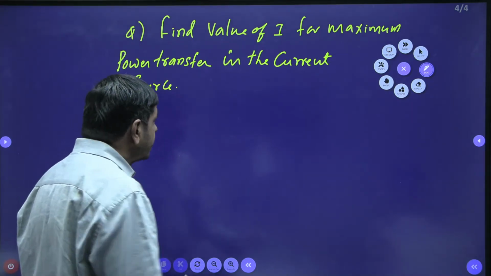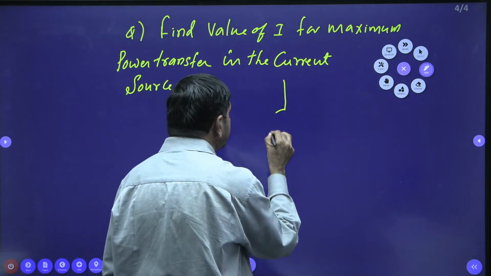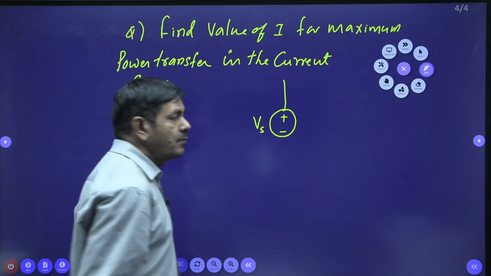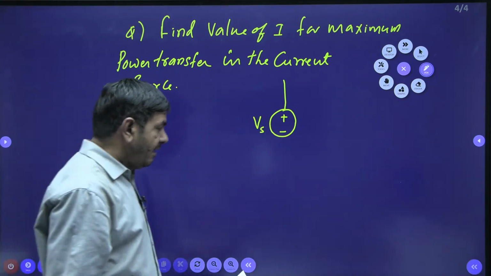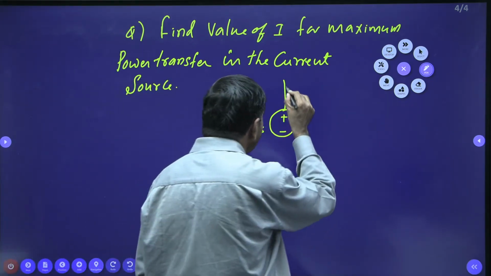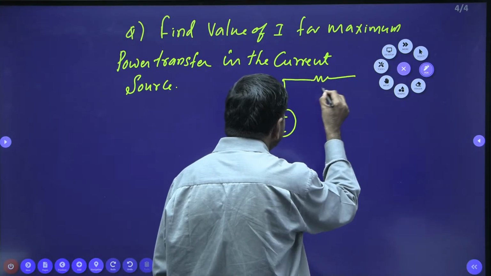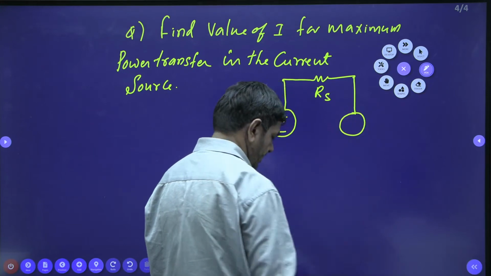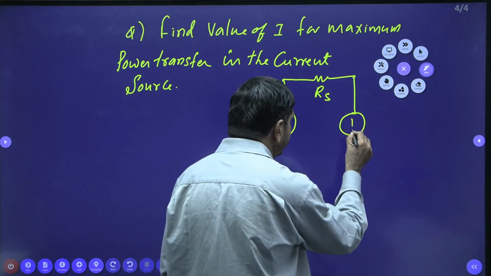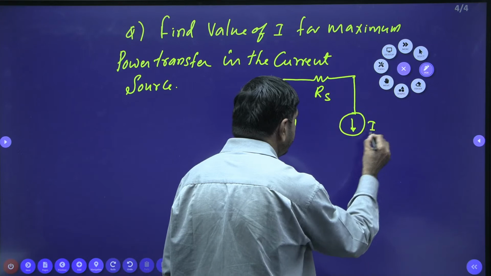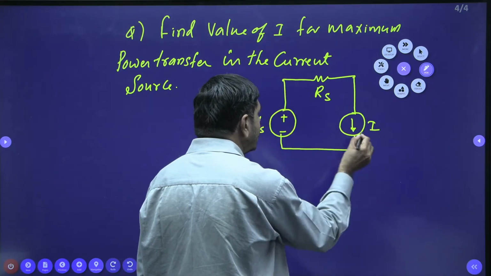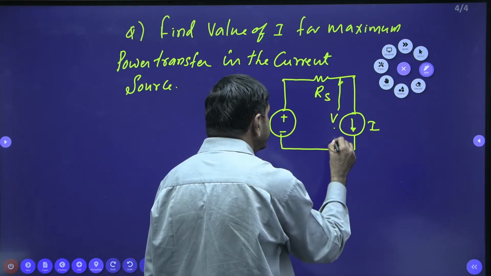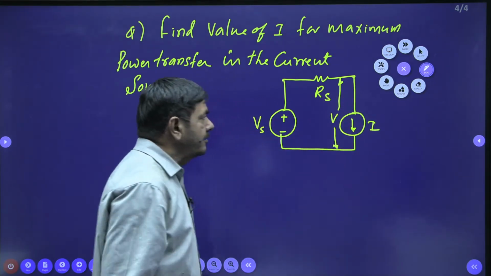Here the network is given like this. The source voltage is Vs, connected with a resistor Rs, and connected with one current source. That current source is I. The voltage across this current source is V.